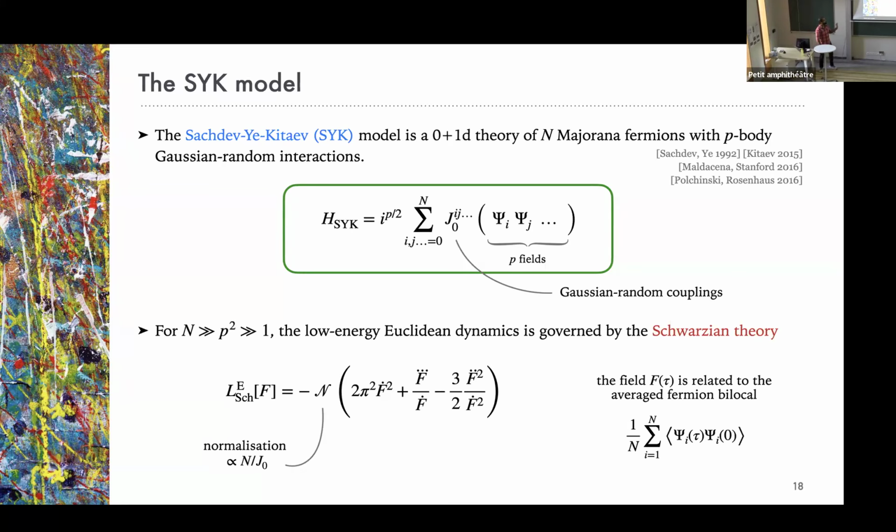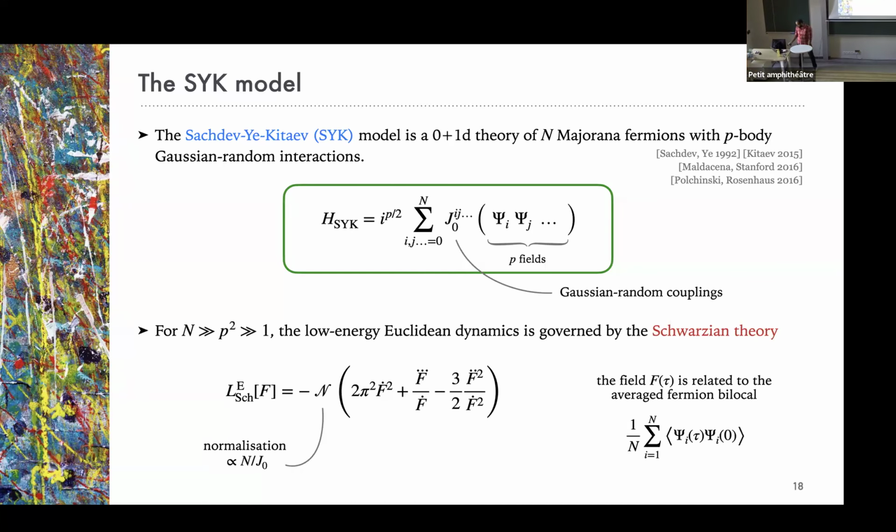The f field here that shows up in the low energy theory is in some sense related to the 2-point function of your fermion fields averaged over all n realizations or over all n fermions. There's a very interesting story there, but take my word for it that this is a low energy description of this Hamiltonian here.